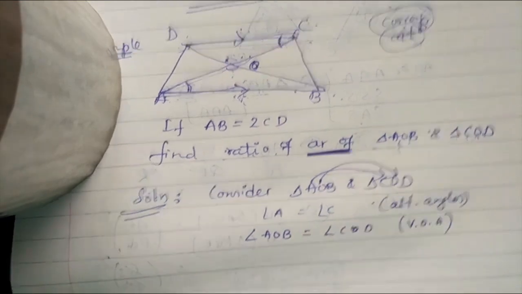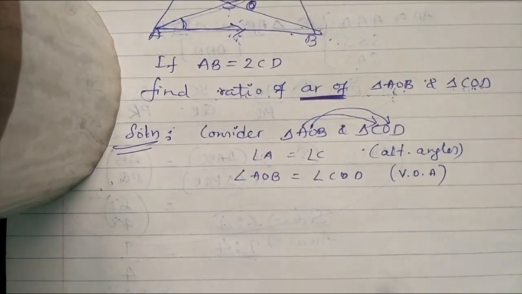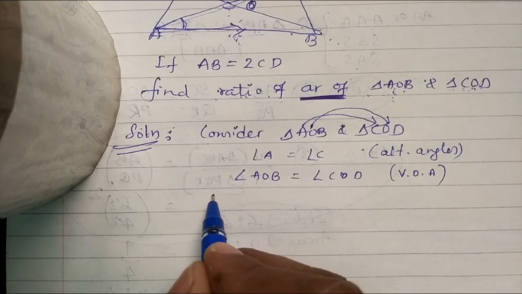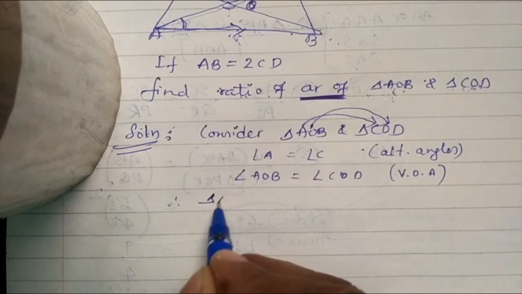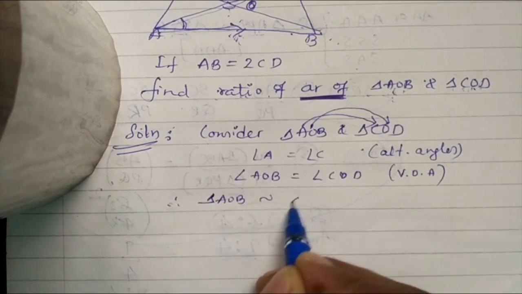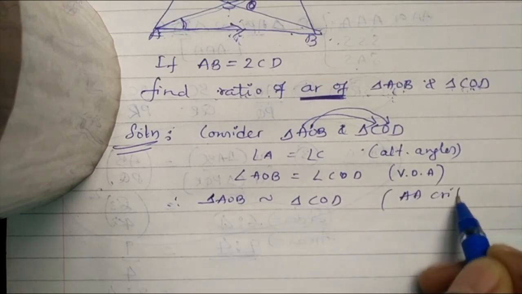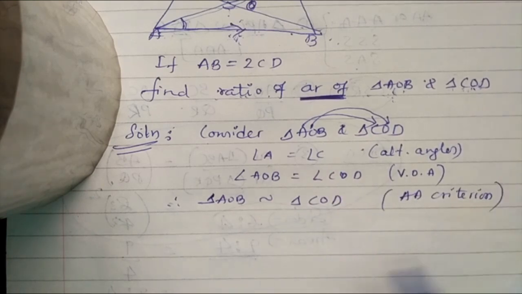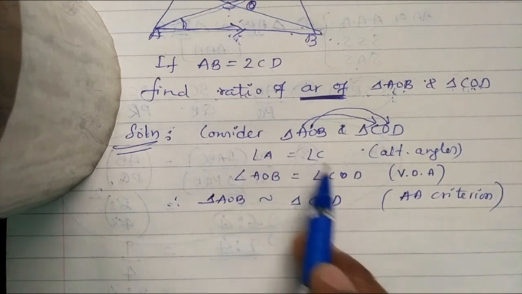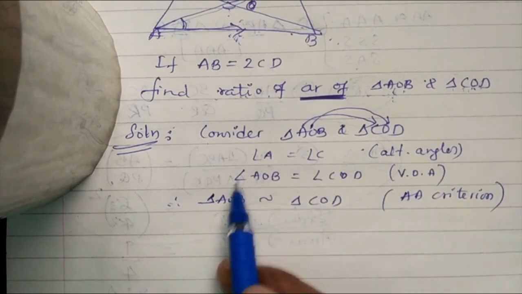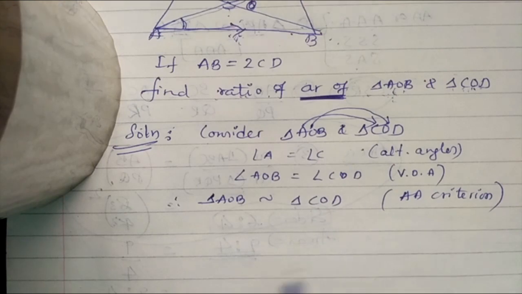So once two pairs of angles are equal, they are similar. Therefore, triangle AOB is similar to triangle COD. The reason is AA criterion. We used the AA criterion. There are two pairs of corresponding angles that are equal. We proved it. Therefore, these two triangles are similar.